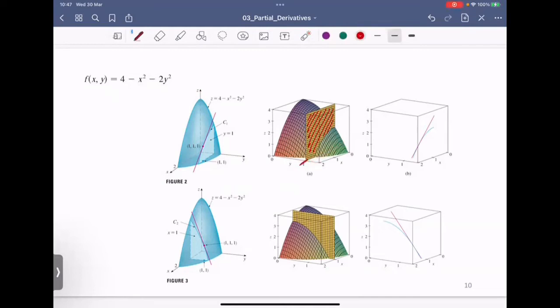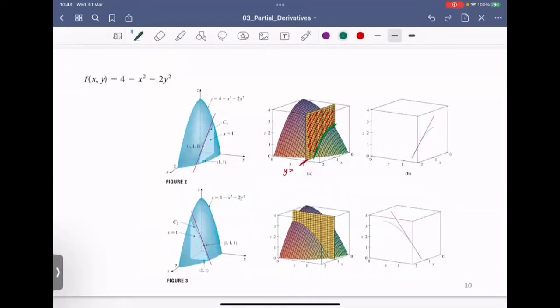Here we can fix y equal to 1. So once we fix y equal to 1, you use the plane y equal to 1 to cut it. And once you cut it, the thing that you get back is the surface, or not surface, sorry, the curve. You get the curve here that I highlight in green.